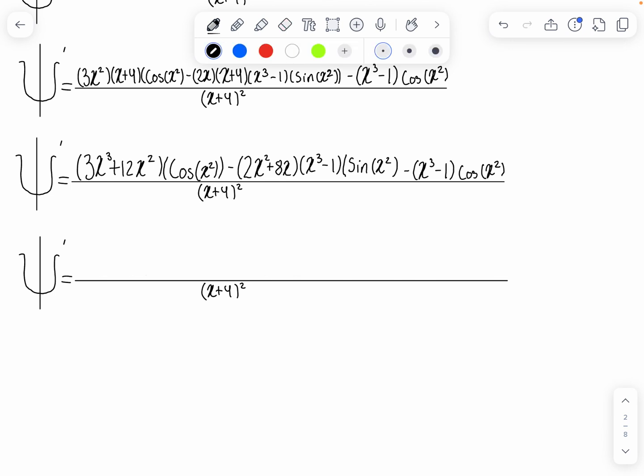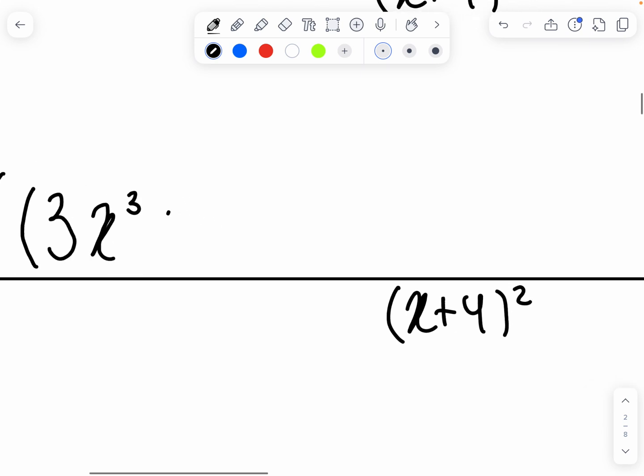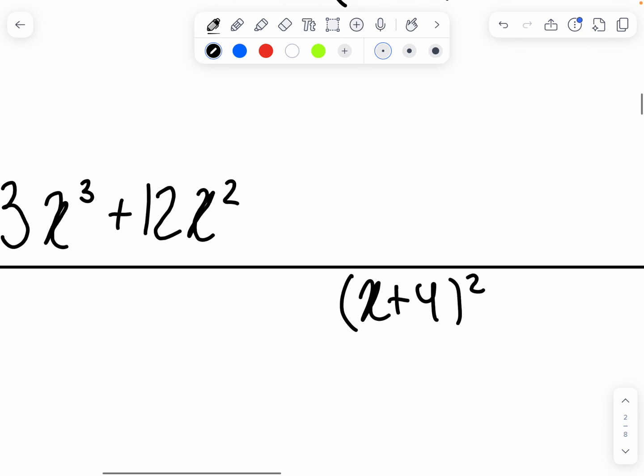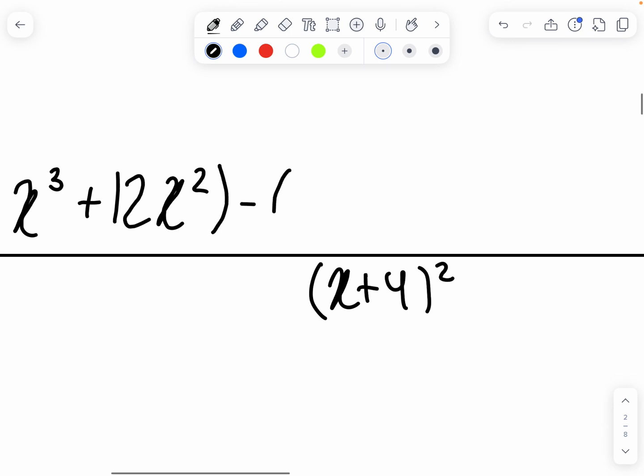Okay. So if we take out the cos x squared from this term and this term, we'd be left in the numerator with, open parentheses, 3x cubed plus 12x squared, minus, so yeah, that's the first part, and then minus x cubed minus 1.